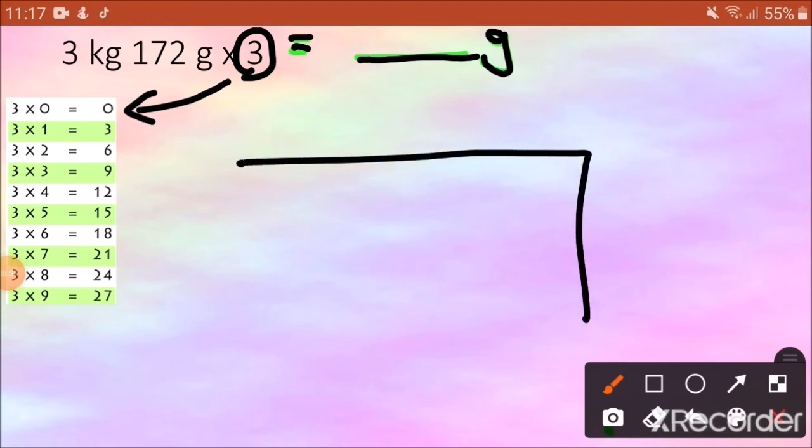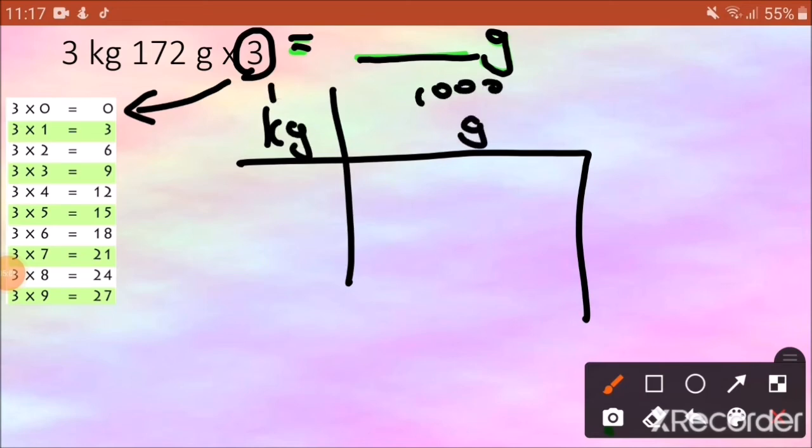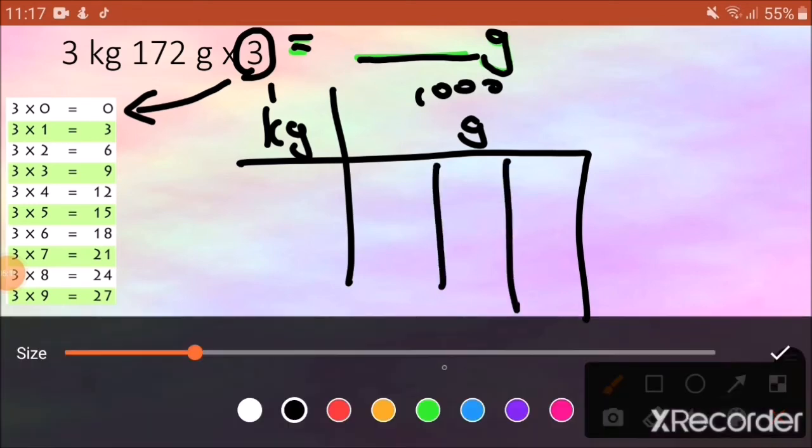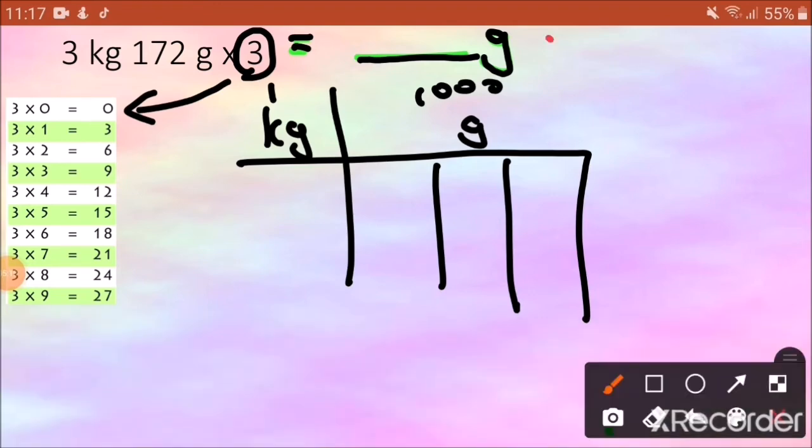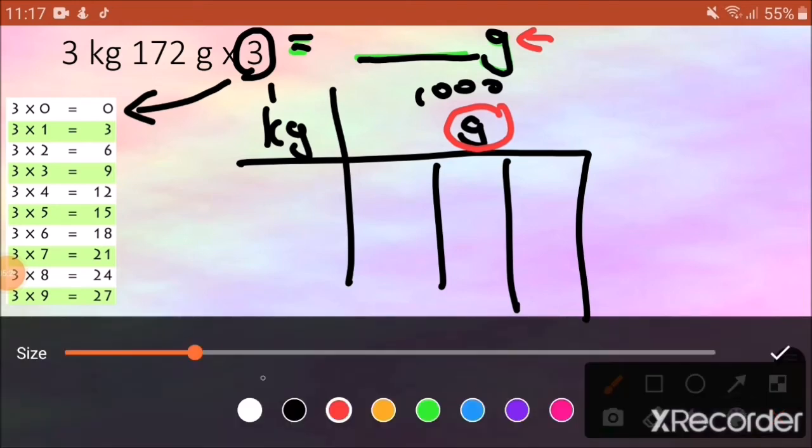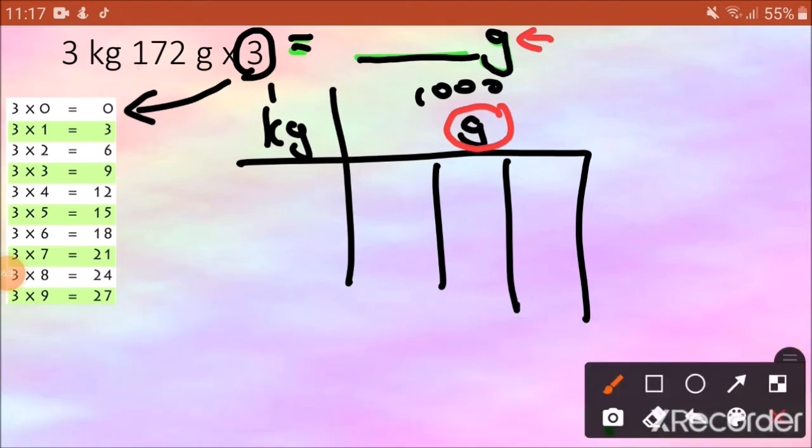Now we start to draw our toilet first: 3 and gram, 1 and 1000. This is to always remember how many columns we are going to draw. So it's 3 columns, which means 3 tandas. Now the question asks for gram, so we circle this one first. This is to remember what the question wants. Now let me change to black. We fill in the blanks first.